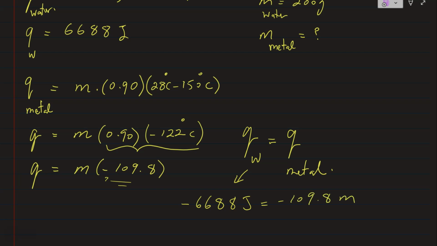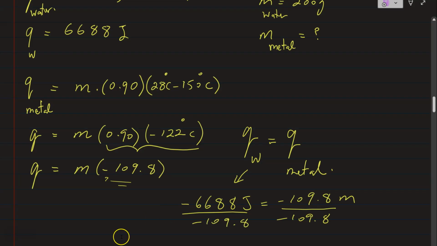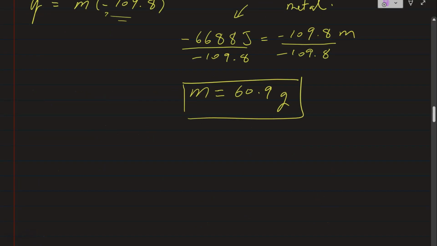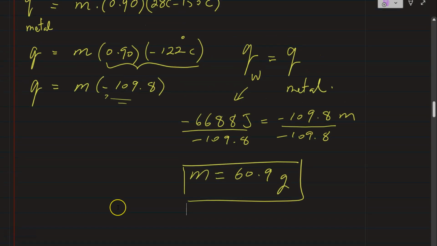This negative and negative obviously makes it positive, and then you just divide both sides by the coefficient of m, and you will get 60.9 grams. Okay, that is what you need to do.